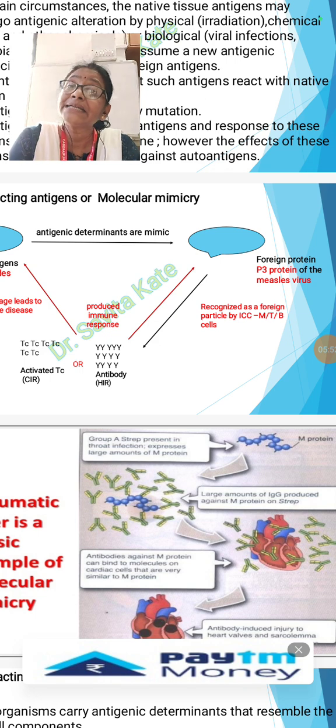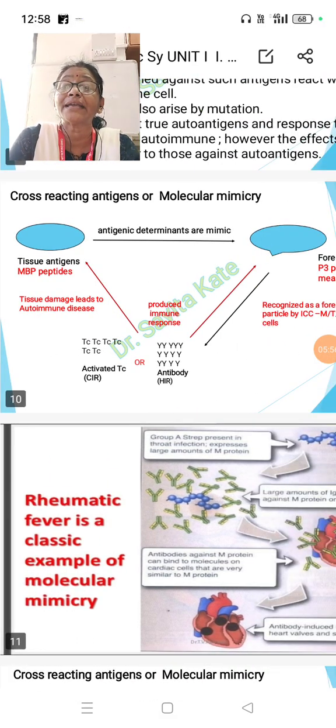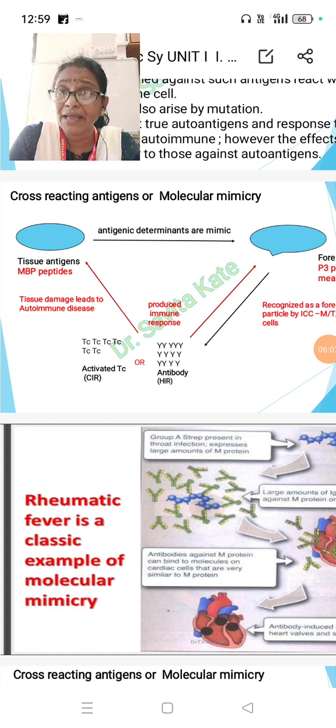But besides destruction of the influenza virus, this immune response also attacks the myelin basic protein which is present in the central nervous system. Is it clear? Then the question comes, why does this immune response attack our myelin basic protein?